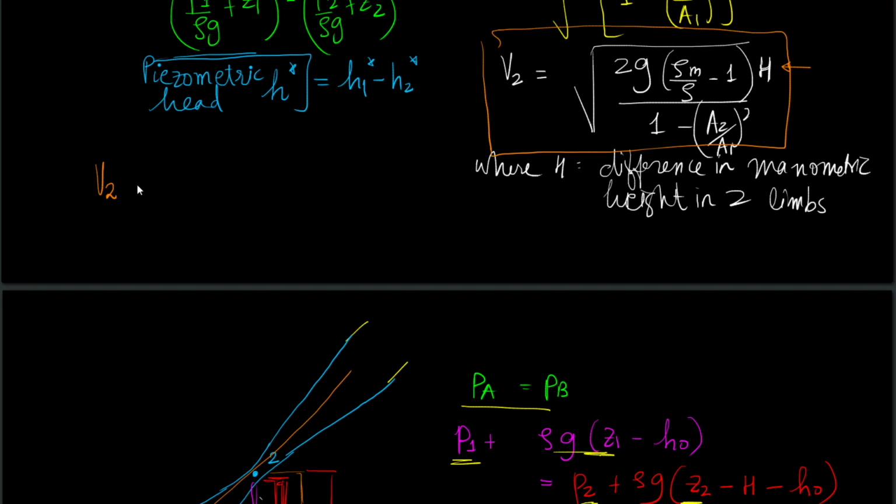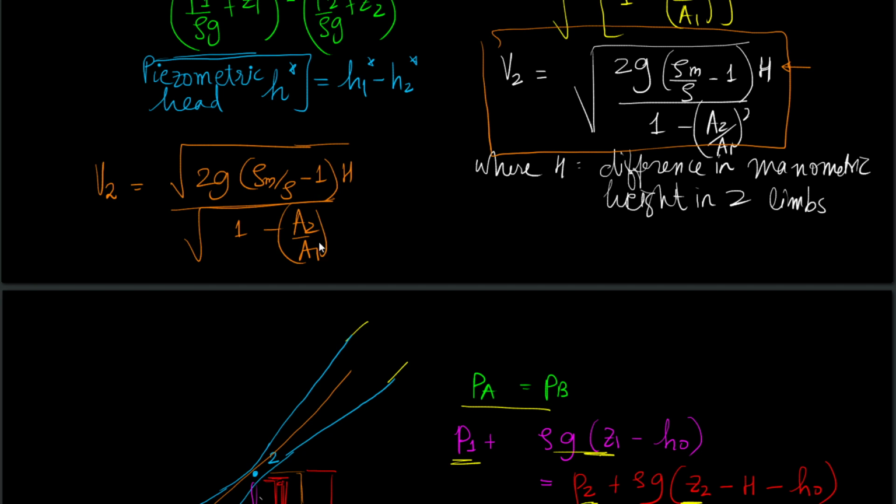So V2 finally comes out to be square root of 2g times rho m upon rho minus 1 times h, divided by square root of 1 minus A2 upon A1 whole square. Correspondingly, the volume flux is equal to V2 times A2, so if I multiply it by A2, this becomes the volume flux.